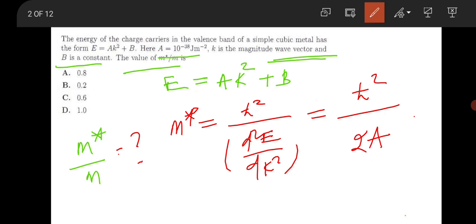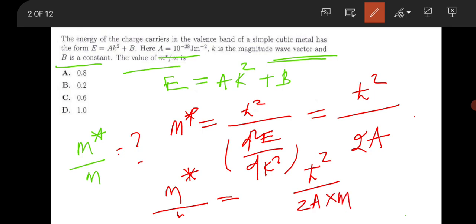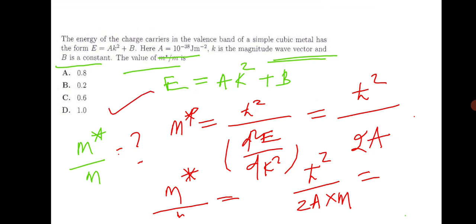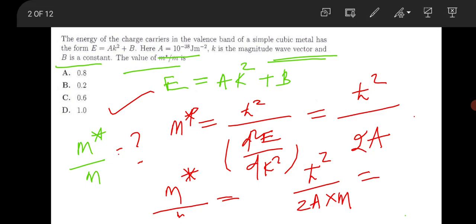Now effective mass by m is equal to h cut square by 2A into m. You know h, A is given, and you put the mass of the electron, so you can calculate this value. Exactly this kind of question will be given, where you have to put in all the values and calculate this quantity, so it will take time.